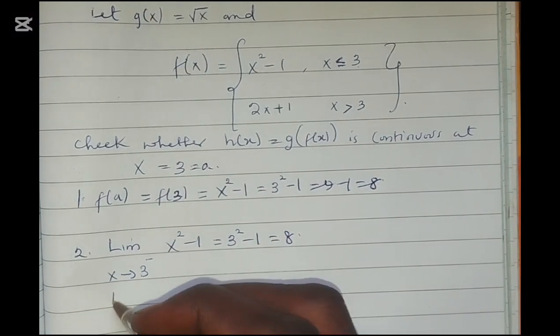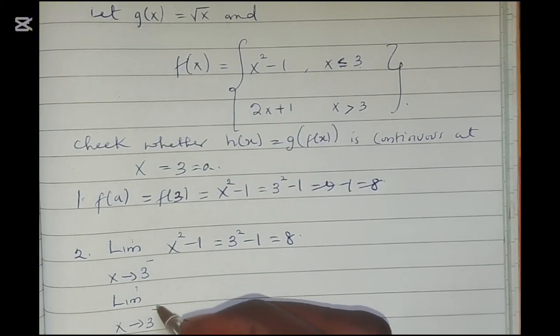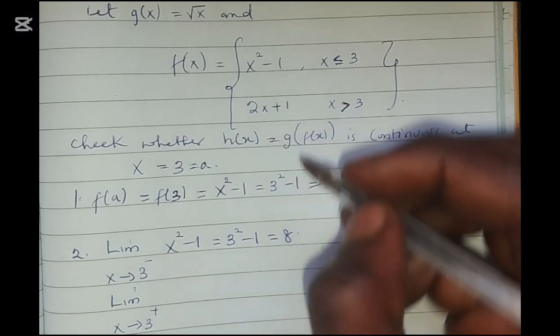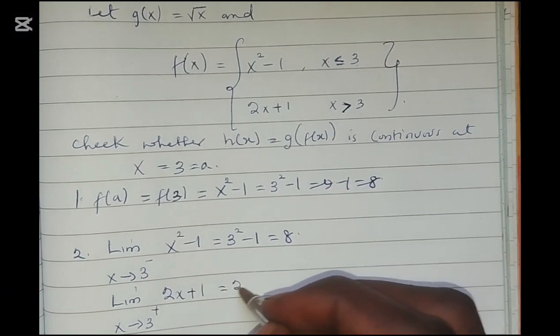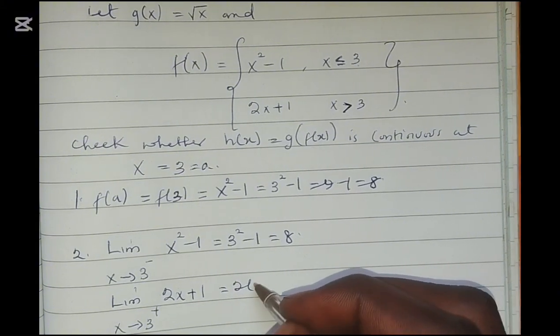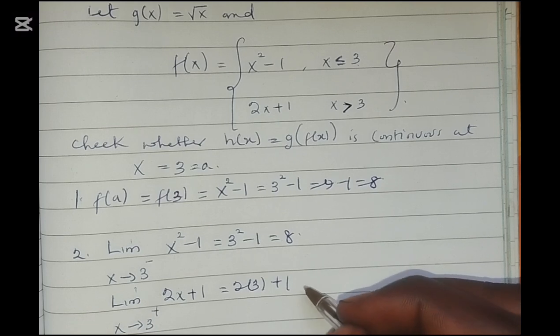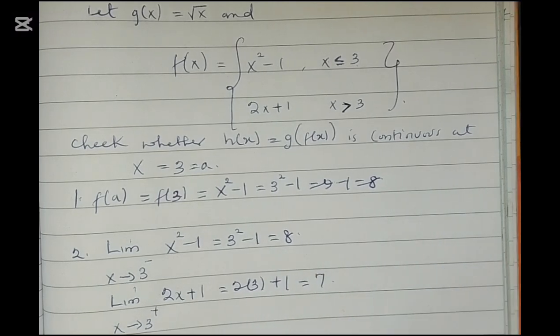And check the limit as well as x approaches 3 from the right. From the right implies this, so we use 2x plus 1. So 2x plus 1 becomes 2 into 3 plus 1, which is 6 plus 1, which is 7.